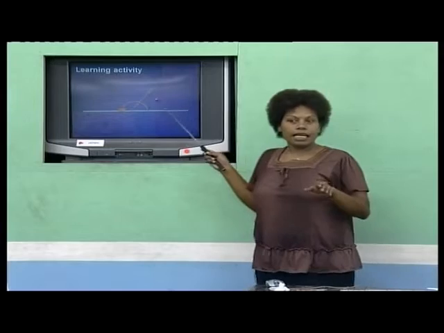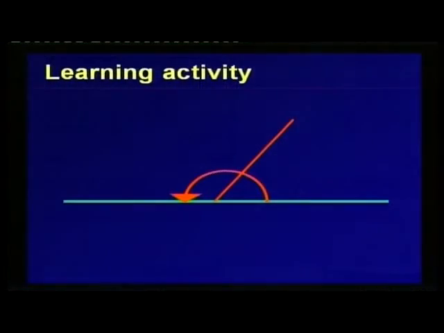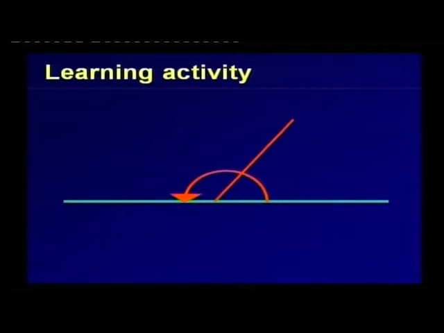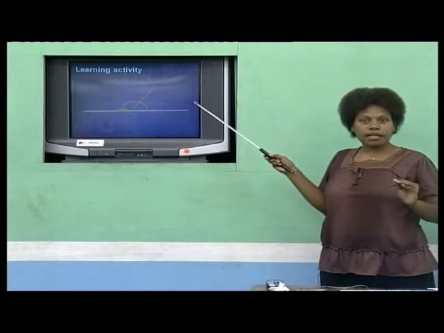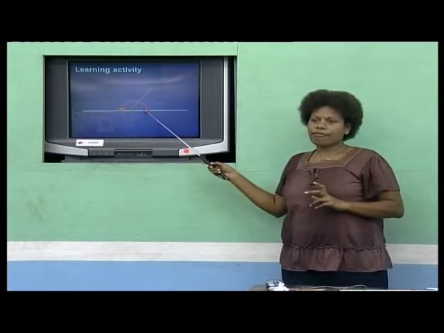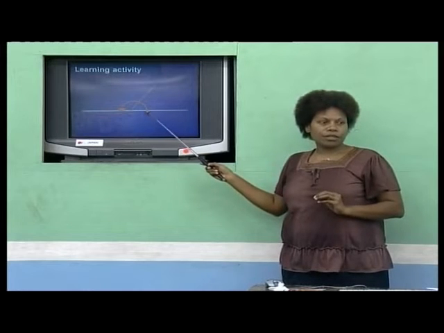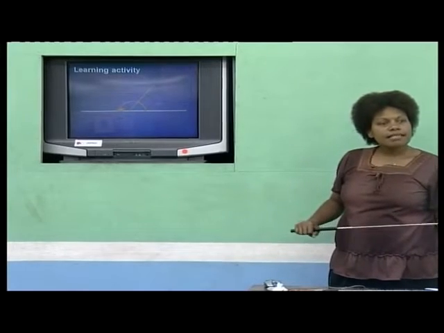Now remember from your previous lesson, when we drew a line in the right angle, we formed two acute angles. Okay, class? What about this? What type of angles have I formed from the straight angle?